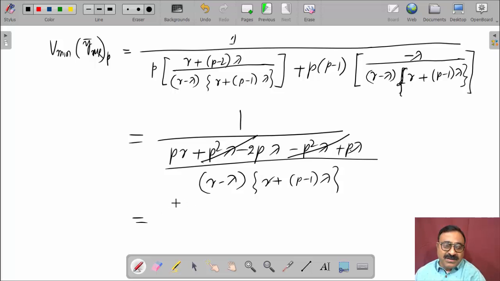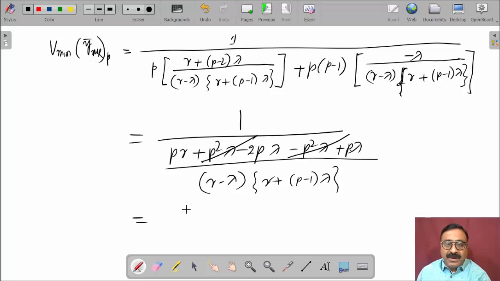So p taking common, this is r minus lambda.